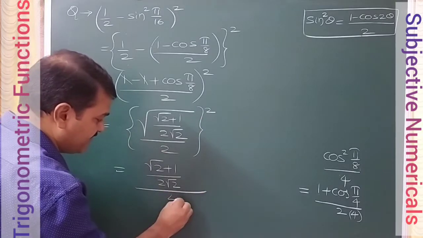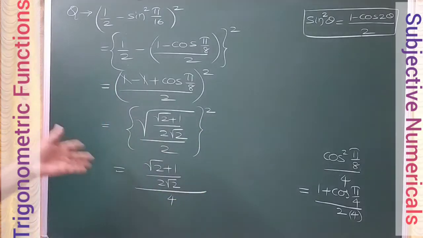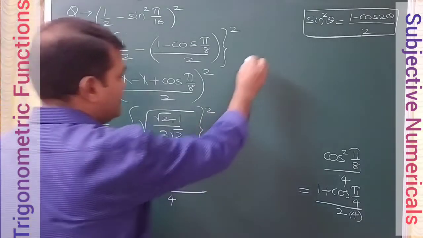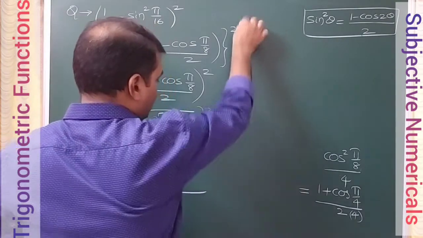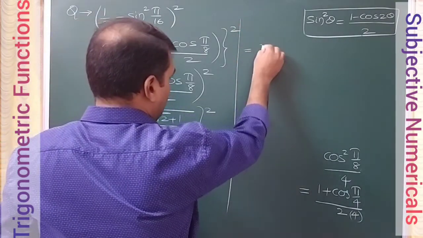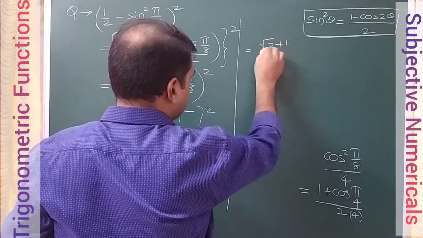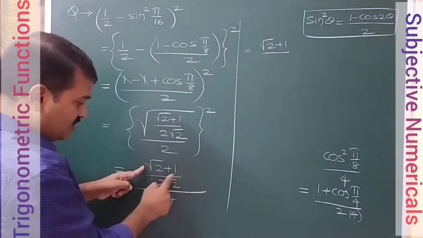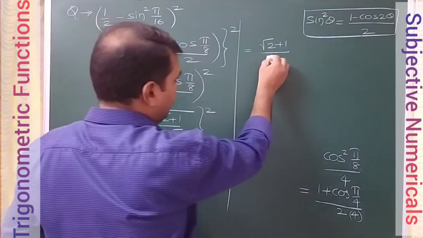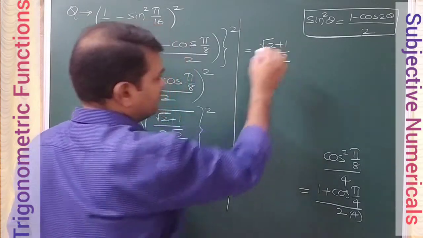So that means by 4. So what is this now finally? So this is root 2 plus 1 by 2 root 2 by 4, means by 8 root 2 you will get.